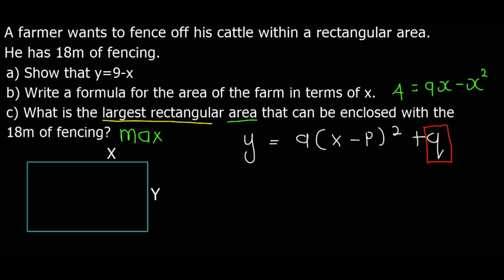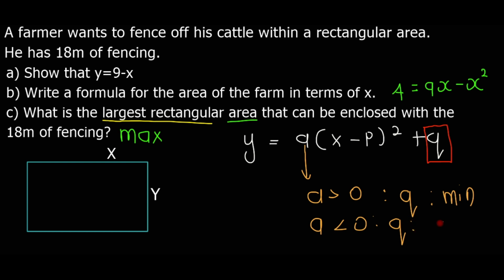Whether it is the maximum or the minimum is determined by this coefficient, this value of a. If a is greater than 0, then the q will be the minimum. And if a is less than 0, then this value of q will be the maximum.